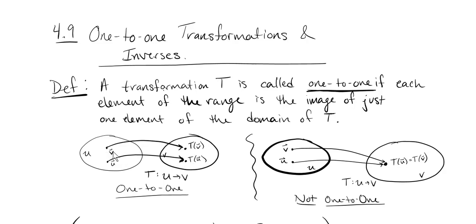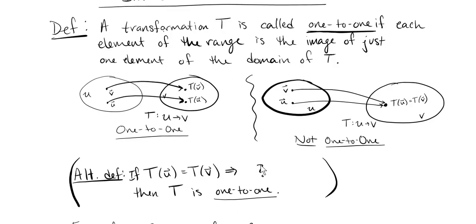So this is what we mean by one-to-one. If the inputs are different, the outputs are different. Any given value in the range was mapped from just a single element in the domain. An alternate definition would be to say that if having equal outputs, equal range values, T of u and T of v, implies that u and v are equal, then T is one-to-one.